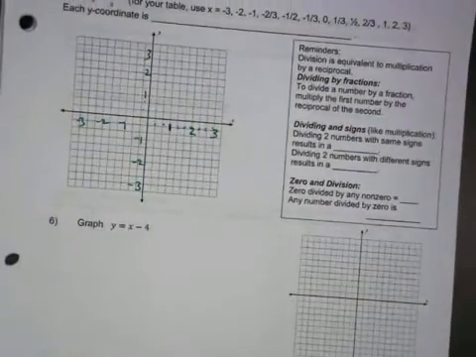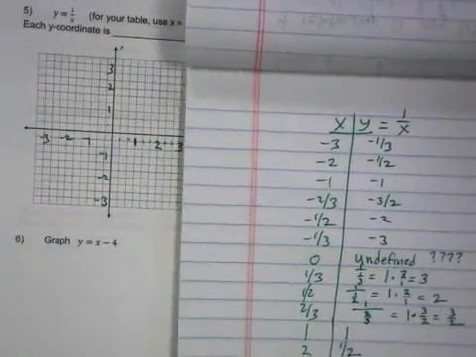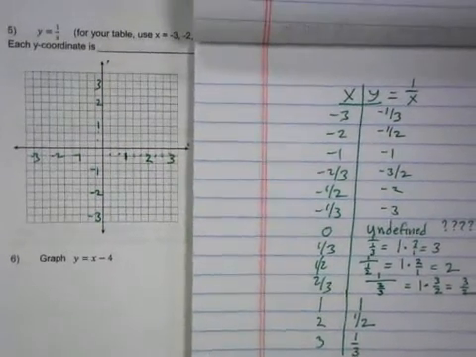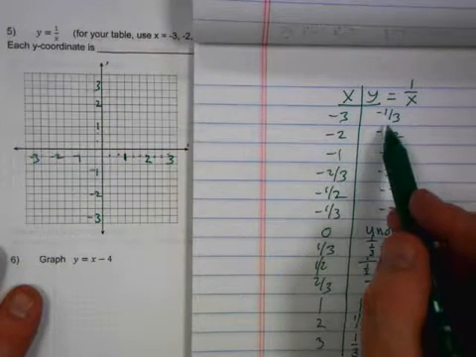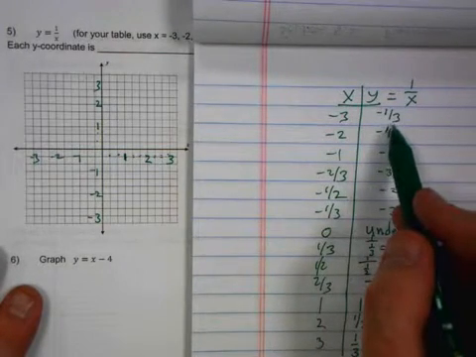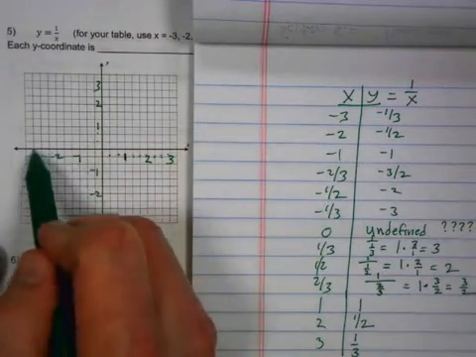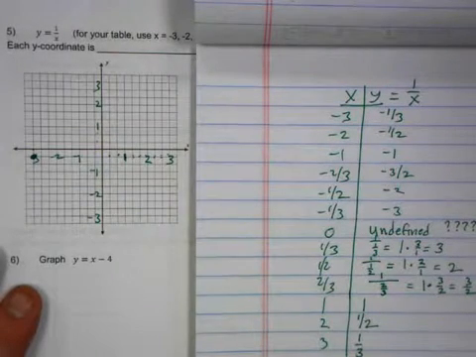Okay, so I have negative 3, positive 1/3. I'm sorry, negative 3, negative 1/3. So where's negative 3, negative 1/3? Well, here's negative 3, and then negative 1/3 is just one tick mark down, aren't they?